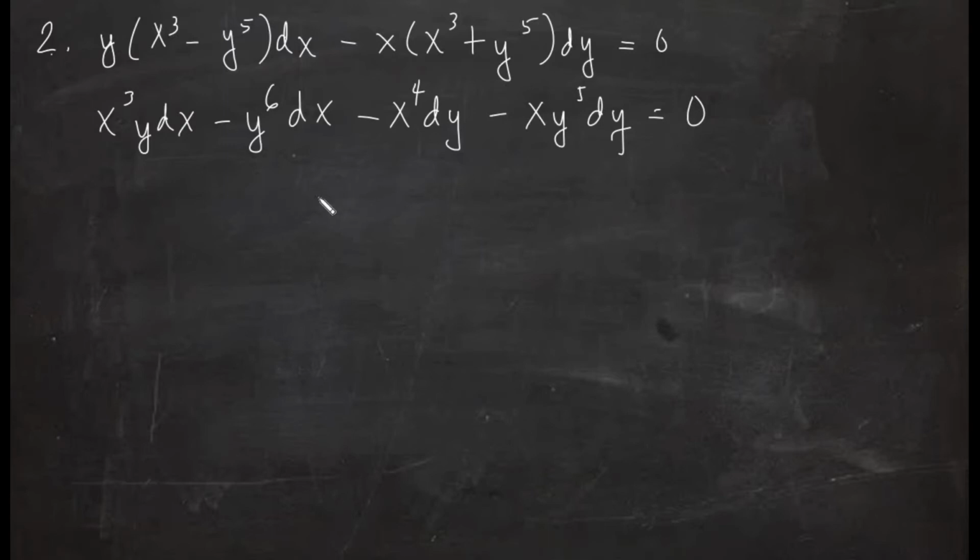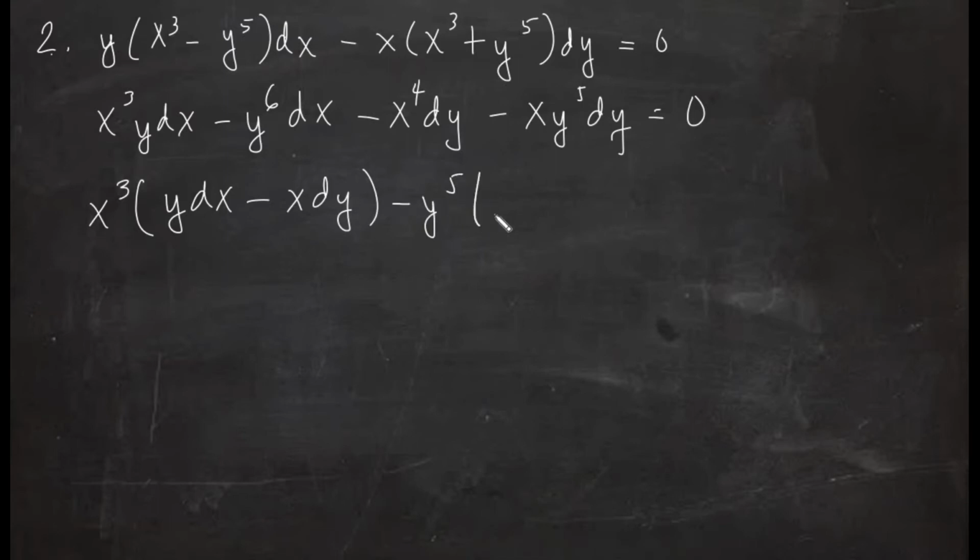So notice that in the first and third term we can factor out x cubed. If we factor out x cubed, then the first and third term would have y dx minus x dy. From the second and the fourth term, we can factor out negative y to the fifth. So if we factor that out, we'll have y dx plus x dy.